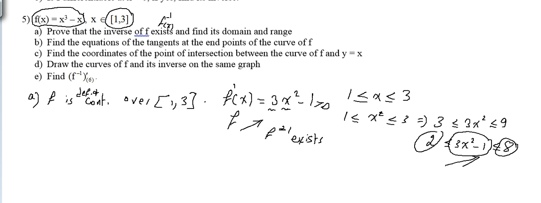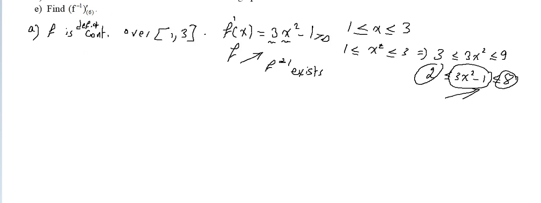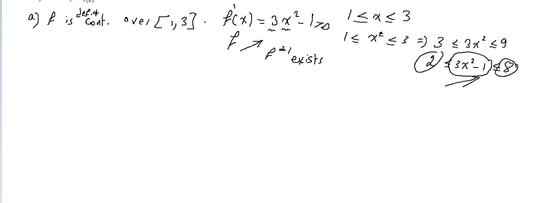Part B: find the equations of the tangents at the endpoints of the curve of f. Before I do that, sorry, we forgot to do the domain and the range of f inverse, right? f of x is x cubed minus x over [1, 3].